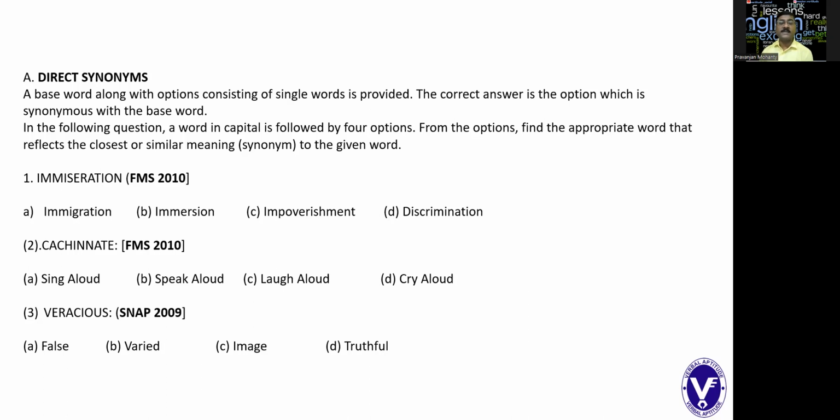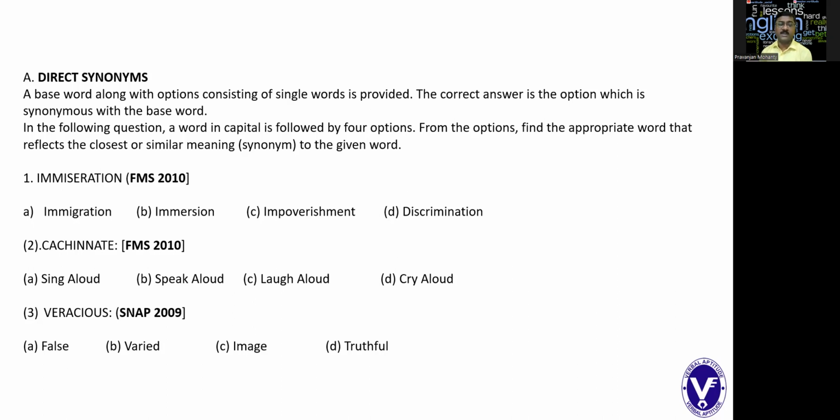So the first one is immiseration. That is an FMS 110 question word which came in the question paper. Immiseration is impoverishment. When we talk about impoverishment, it is poverty, or you can say garibi.